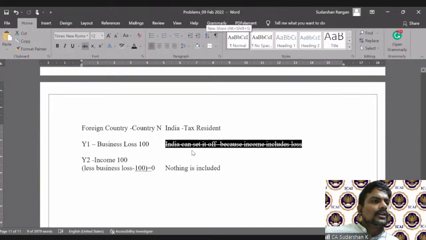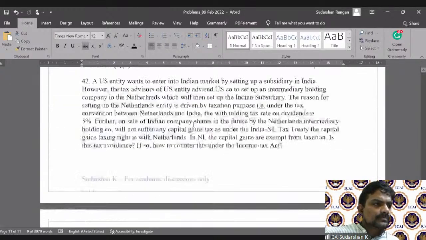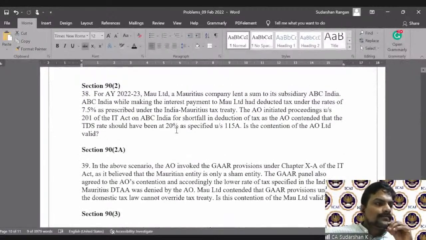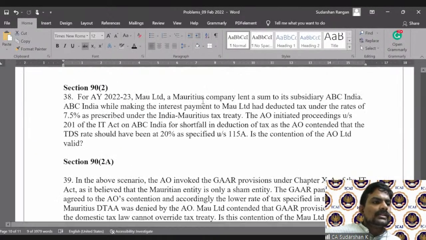So I will move on. Having looked at foreign tax credit, let's move on to the other sections relating to tax treaty which you should be aware of. If you look at question number 38, for assessment year 22-23, Mauritius Limited, a Mauritian company, lent a sum to its subsidiary ABC India. Section 90(2) we already discussed, that is treaty or Act, whichever is beneficial.